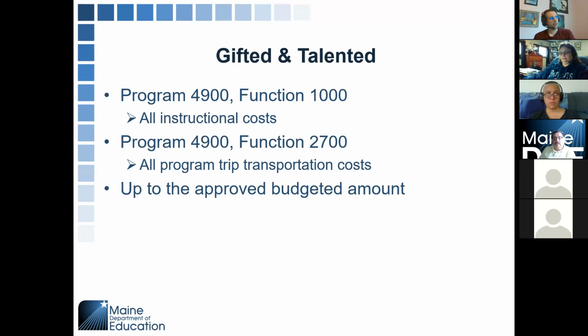But keep in mind, you can spend as much as you want in gifted and talented, but when we are doing the allocation, you are limited to what your approved budgeted amount was. So if you had your budget approved at $100,000 and then you spend $175,000, your allocation is still going to be based on the $100,000 that your budget was approved at.